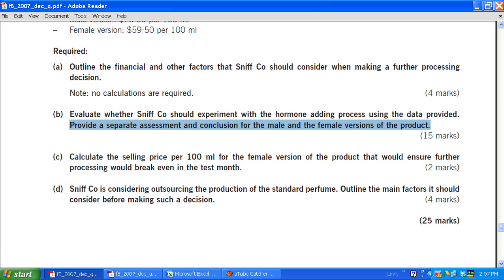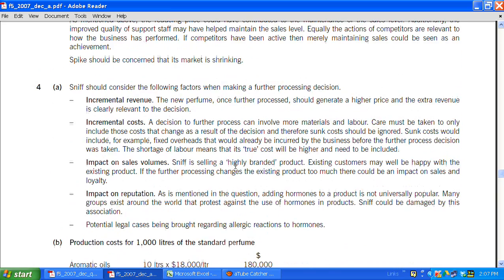They're telling us to provide a separate assessment because there are two products. There's a male version and a female version of the product. So we're going to concentrate on part B. The rest is theory, which you can clearly get from the answer sheet. I have the answer sheet right here with me.